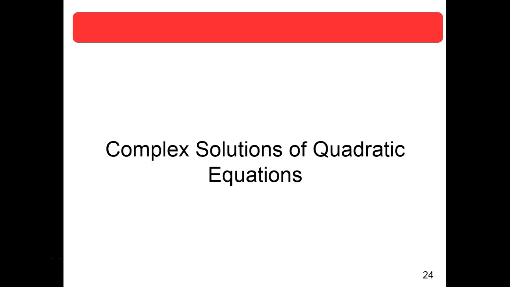Then what do we do once we have it there? You either factor it if you can, but if you can't factor it, use the quadratic formula. You remember how that looks? x equals negative b plus or minus the square root of b squared minus 4ac, all over 2a.